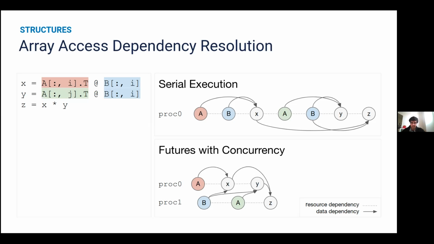The Ray dynamic task graph will begin executing those operations, and any tasks that are independent will be executed concurrently. That's essentially how we handle array access dependency resolution, and in this way we can achieve parallelism at any level of granularity.